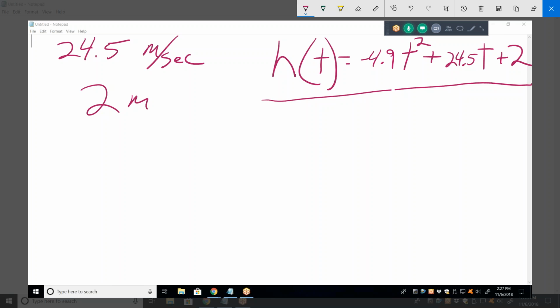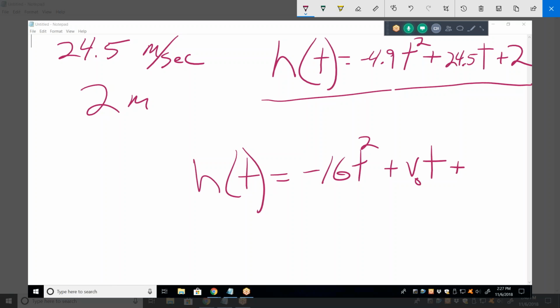Now, let me explain that just a little bit. If you are dealing in feet per second, then it's always this, where v sub 0 is your initial velocity and h sub 0 is your initial height. If you are dealing in meters per second, then it's always this.